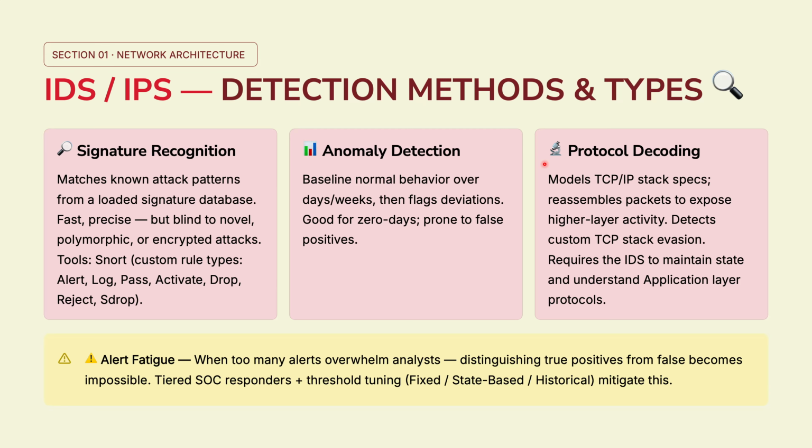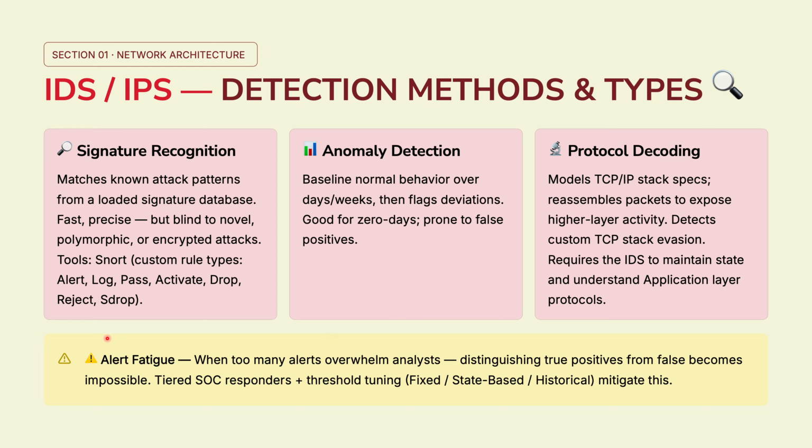You could use tools like Nmap or hping3 where you manipulate the TCP stack, for example. However, this method requires the IDS to maintain full session state and understand application layer protocols, which increases computational overhead.